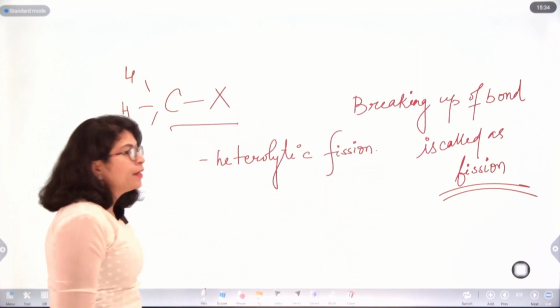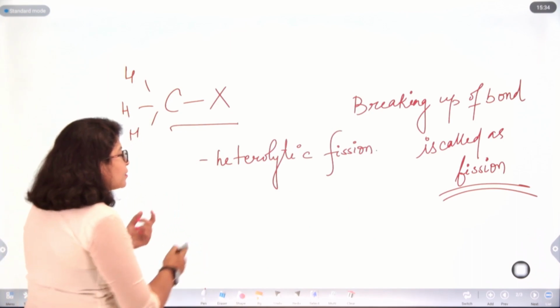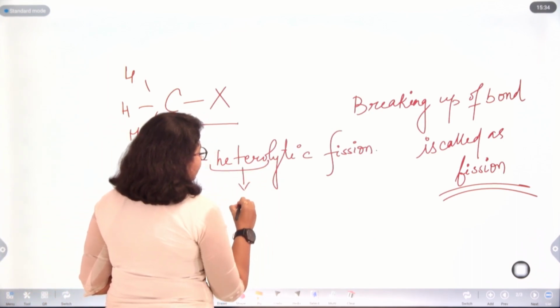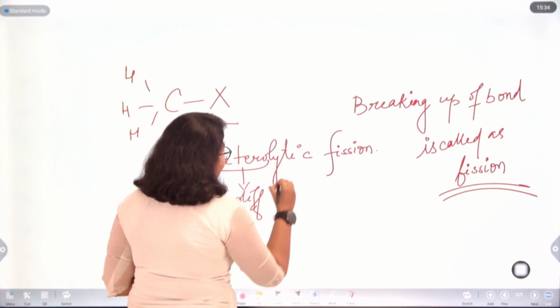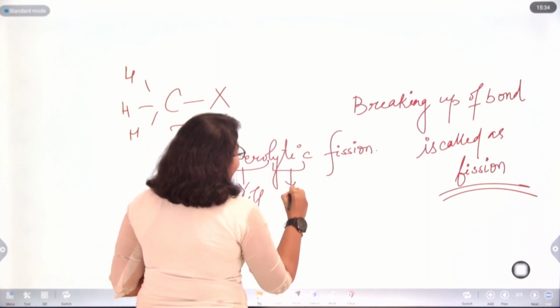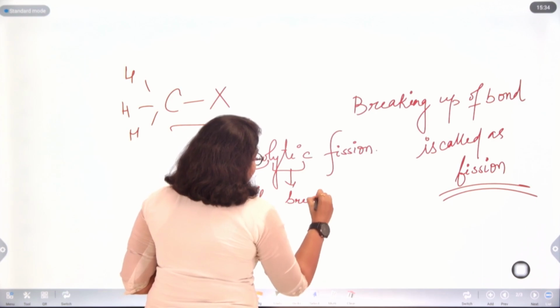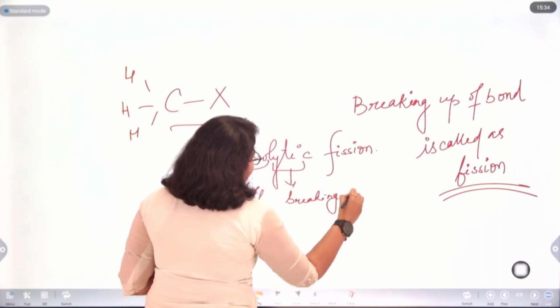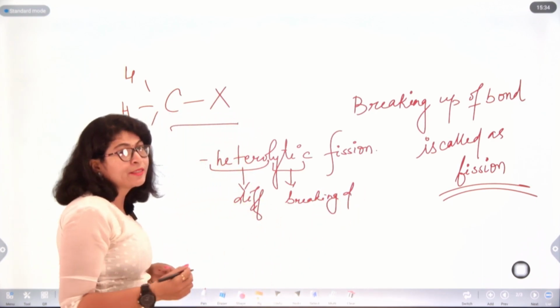Now, what do you mean by heterolytic fission? Hetero means different. Lytic means breaking down; lytic has come from the word lysis.